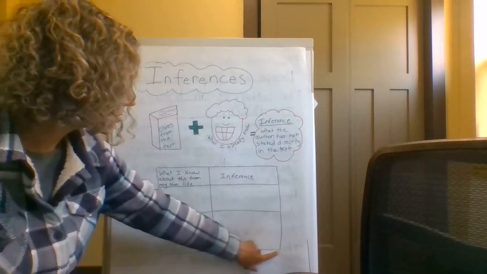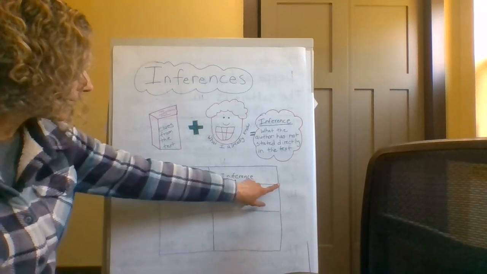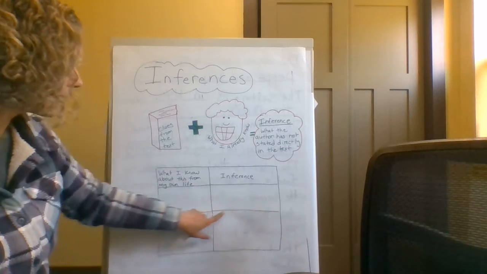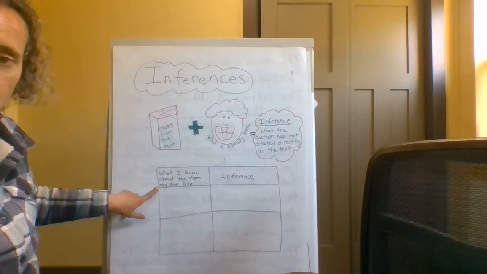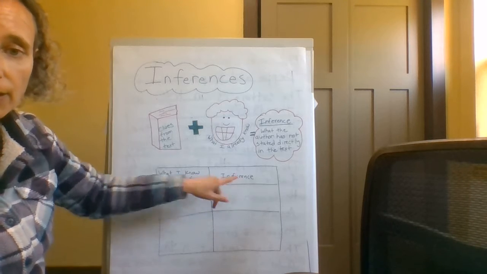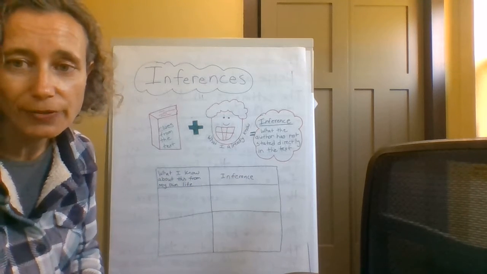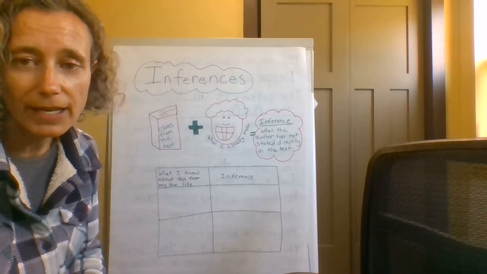It's really a rectangle with a line down the middle and then 2 lines going across. What I know about this from my own life and the inference. Go ahead and pause the video and write or draw that chart.